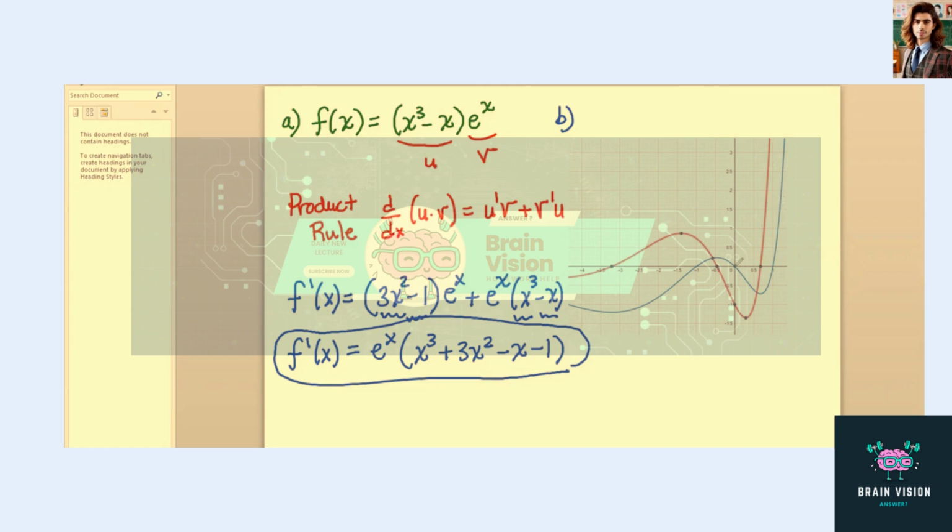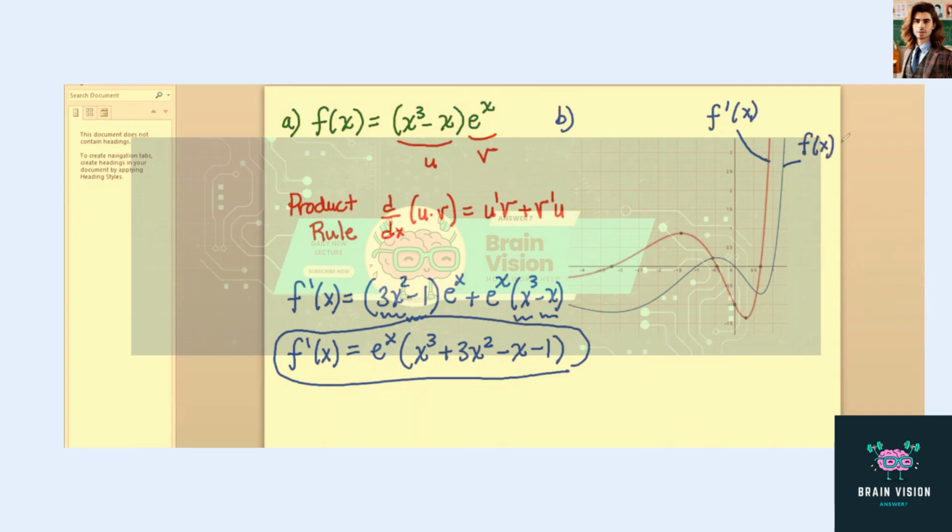The one that goes through 0, 0 would be f of x. So the blue one is f of x, and the red one is f prime of x. And I'm going to make this look a little bit better just so we can tell which one's which. Okay, so this is f of x.